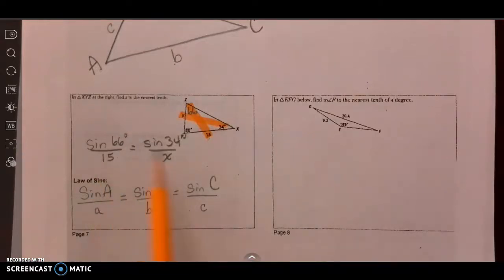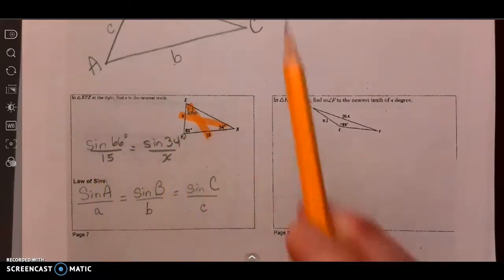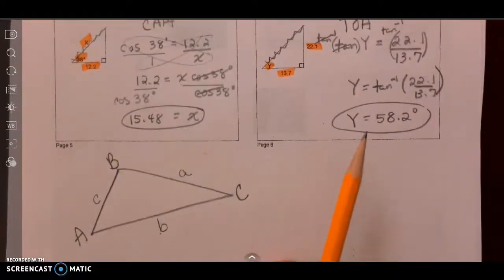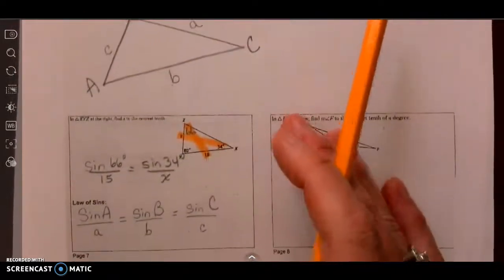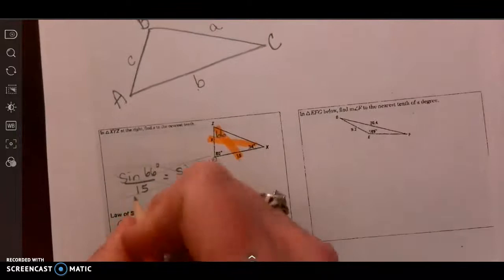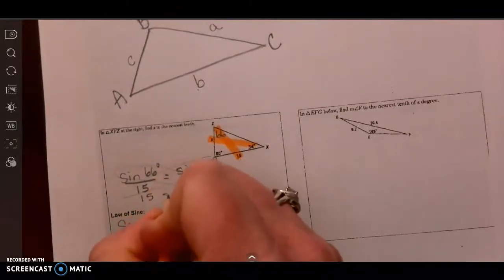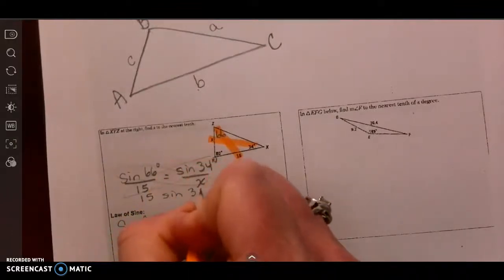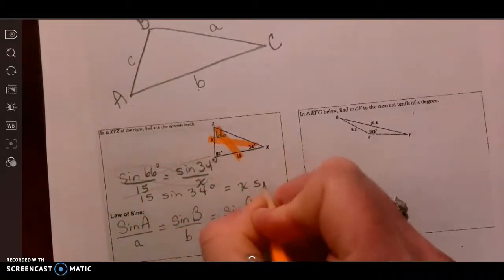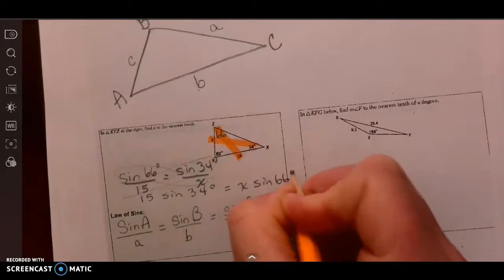Now that I've written my proportion based on law of sines, I can solve the same way I solved the problems up above, by cross multiplying. So I'm going to cross multiply, and I get 15 times the sine of 34 degrees is equal to x times the sine of 66 degrees.